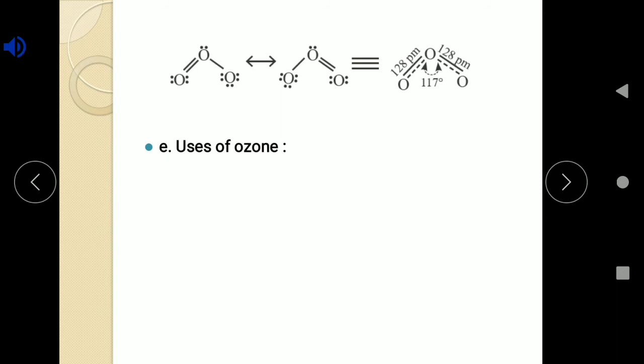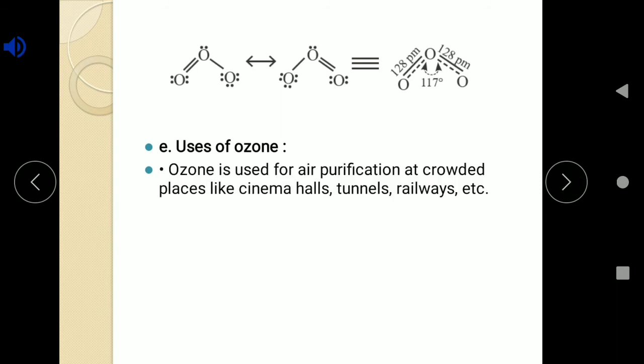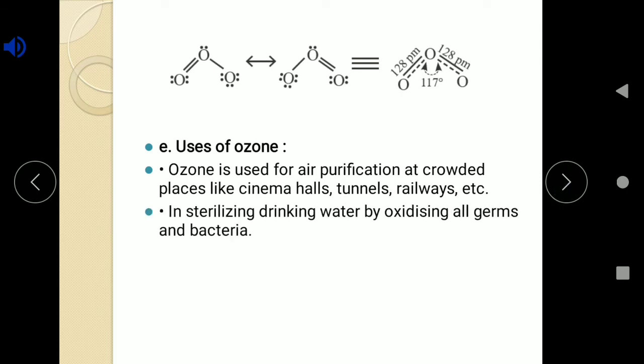Now, uses of ozone. Ozone is used for air purification. At crowded places like cinema halls, tunnels, railways, where the number of people is more, the released carbon dioxide in air is more, and hence extra oxygen is needed there, where ozone is used. Next, in sterilizing drinking water.